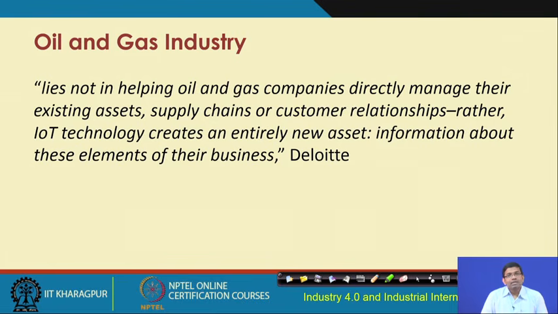The benefits are something that I have already told you at the outset, but through the integration, the oil and gas companies would be able to directly manage their existing assets, supply chains or customer relationships, and that basically will help the business overall.